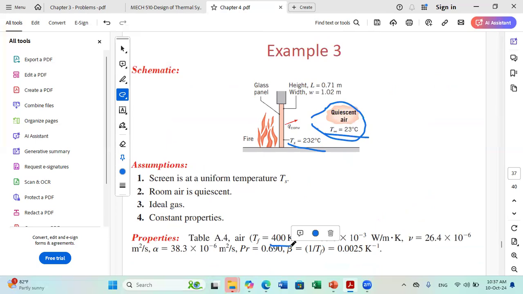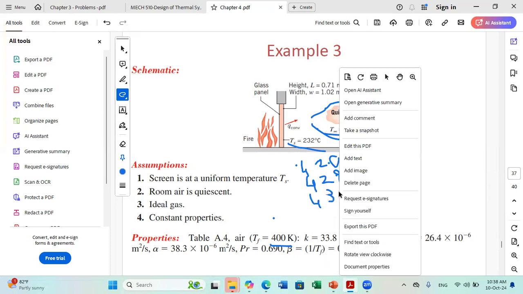Sometimes, if it's not present in the table directly, for example if you have 429, from thermodynamics you can do interpolation. If you have values in the table between 420 and 430, let's say, you should interpolate between these two values to get your properties.